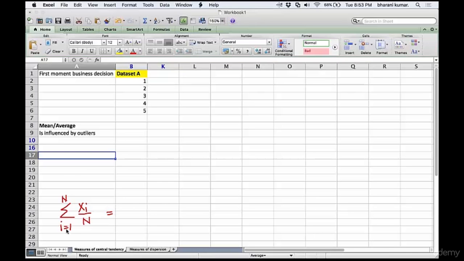Now if I substitute i equal to 1, you would have a small notation because capital X is a random variable, small x are the values which this capital X can take. So i equal to 1 is x1 plus x2 plus x3 plus x4 plus x5. Why do I stop at x5? Because you have only 5 numbers there.